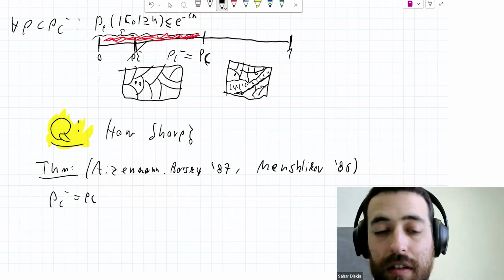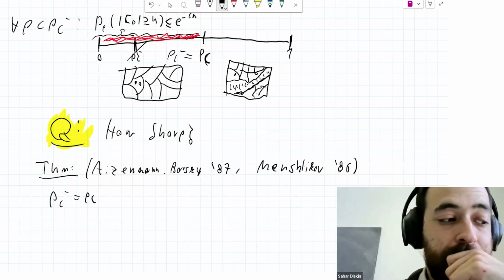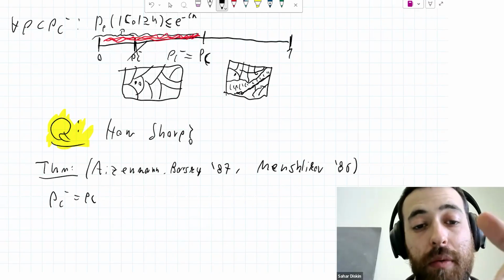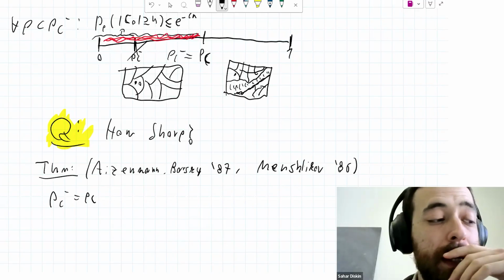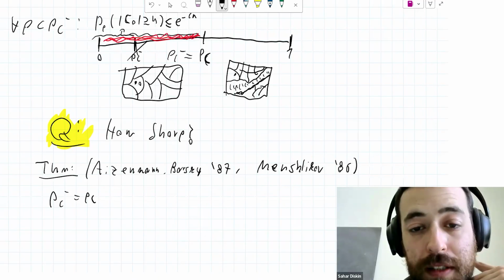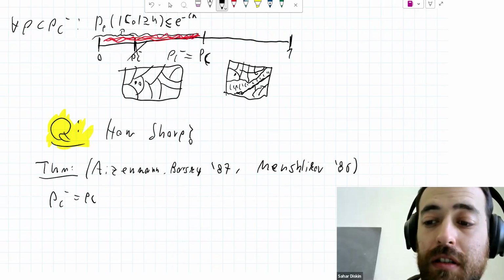Okay, so we know that at least in Z^d, everywhere below the critical probability, we have this behavior, this exponential decay. Any questions?